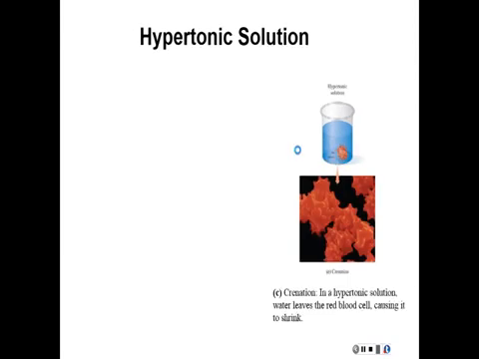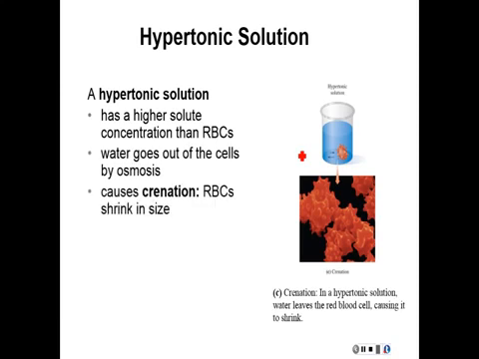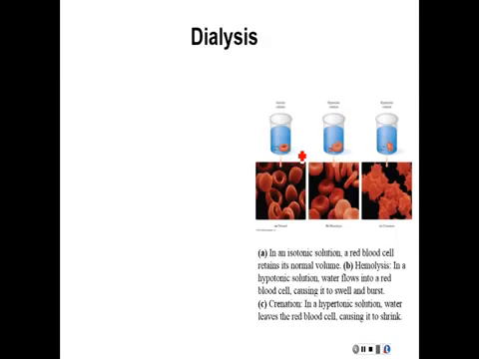So we're talking about that hypotonic, a solution concentration that's less than what it should be. And then we have the opposite, which is going to be hypertonic, where you have a solution concentration that's greater. In this case, the cells are going to shrink, and that's called crenation. Water goes out of the cells by osmosis, and we get crenation. Both of these conditions, crenation or hemolysis, of course, are bad.